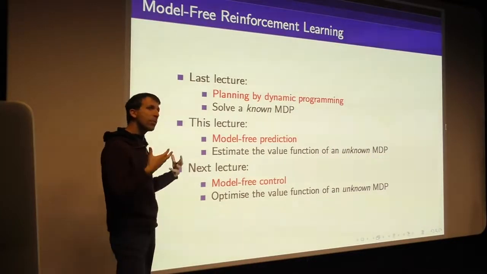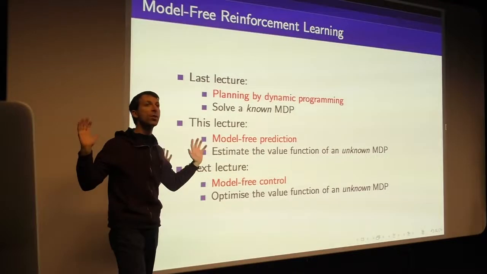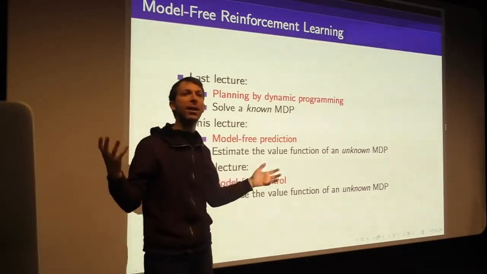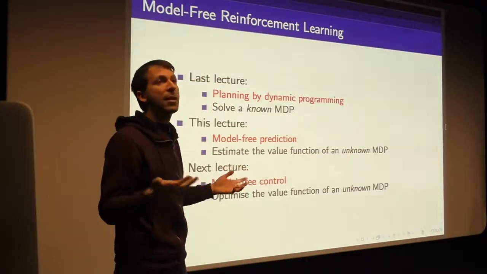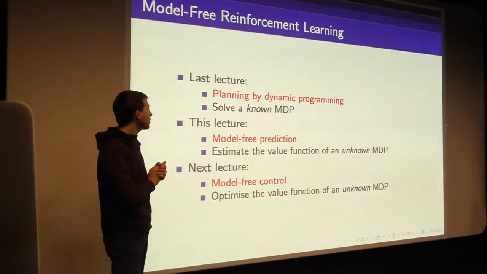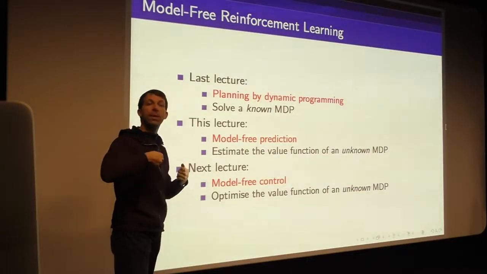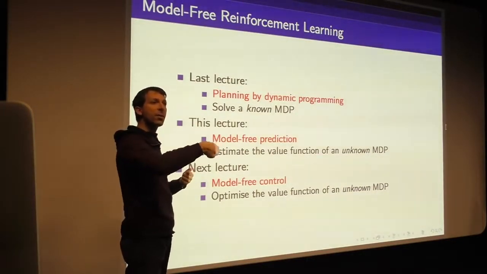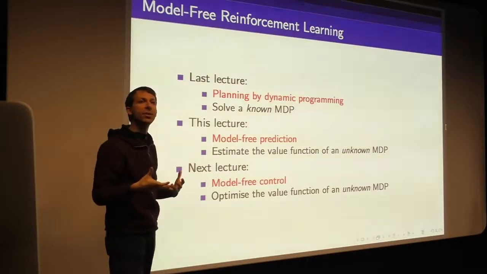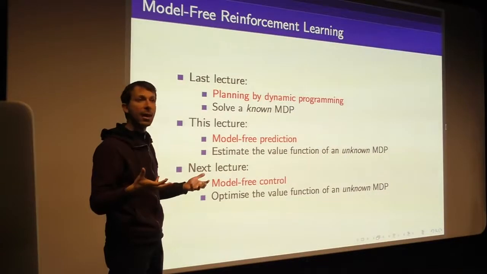And what we're going to do with model-free methods is something similar. We're going to give up on this major assumption, which is that someone tells us how the environment works, which is really unrealistic for most interesting problems. What we're going to talk about instead are model-free methods, which go directly from the experience, the interactions of the agent with its environment, to a value function, and hence a policy.